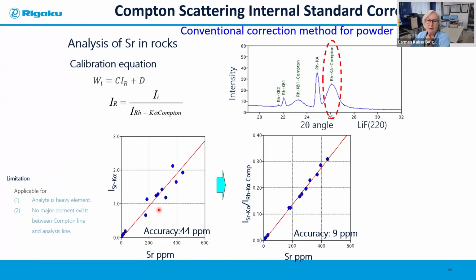In this case, our software is able to measure the Compton line for each and every standard, and this is known as the ratioing method. Here you can see intensity of strontium with intensity of the rhodium K alpha Compton. Because we use this matrix correction, we have now improved the regression fit.